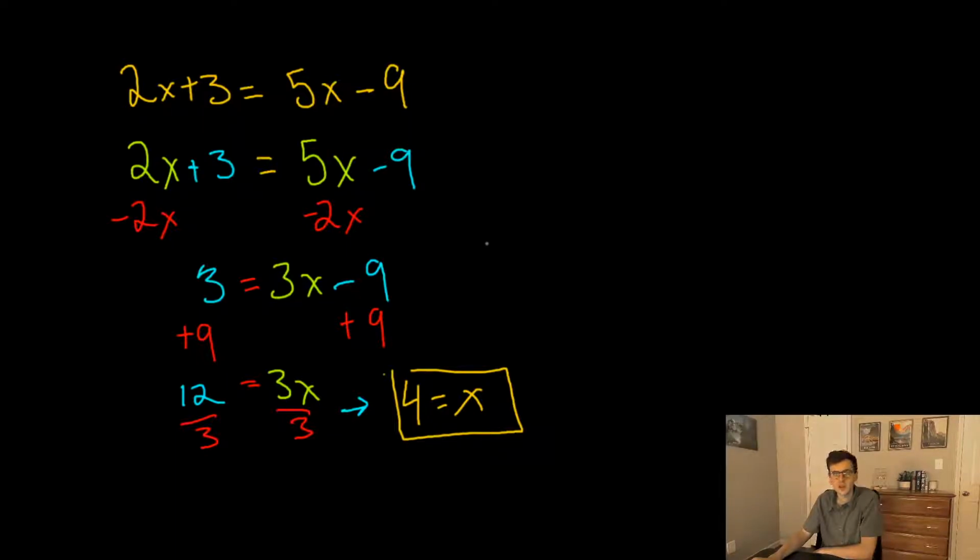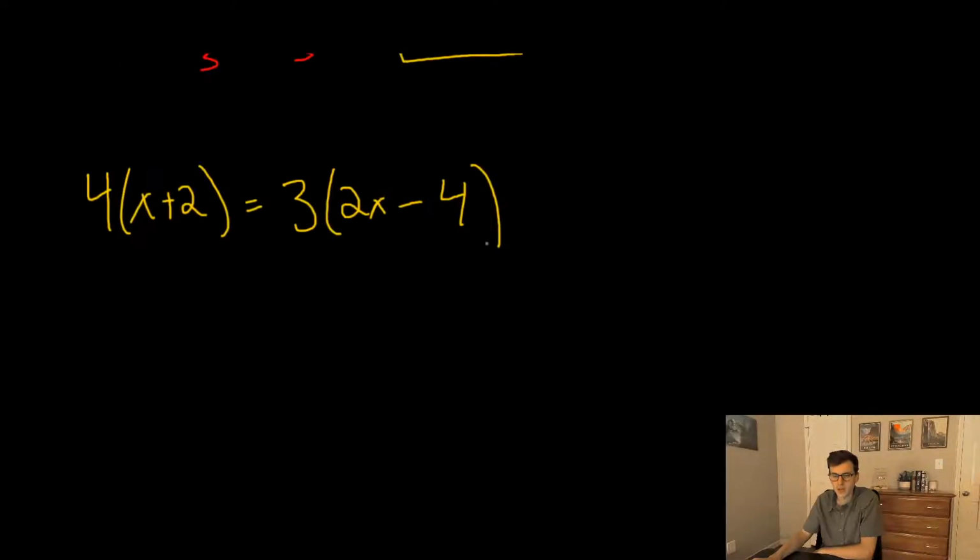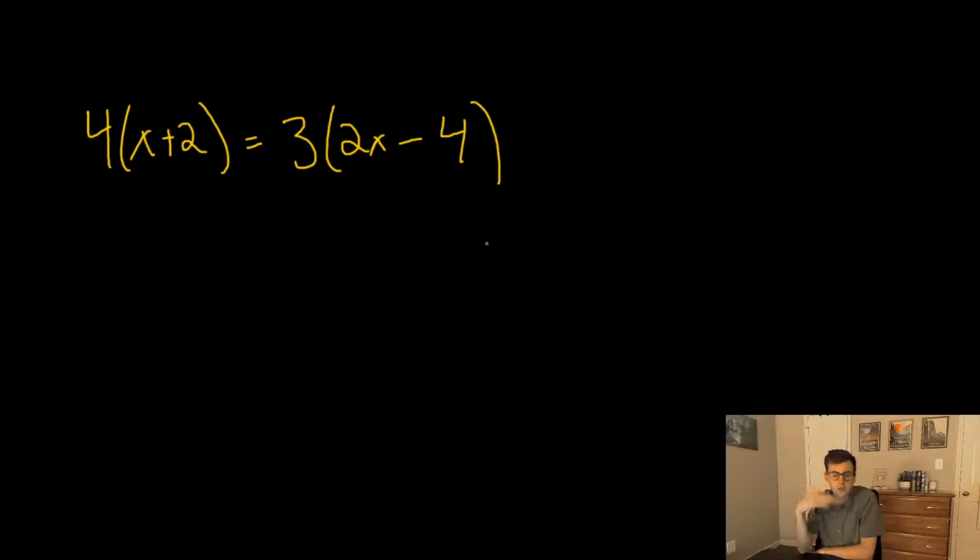Let's look at another example, maybe a little more complicated. This time I have 4 times (x plus 2) equals 3 times (2x minus 4). Dividing by 4 or by 3 on either side isn't really going to help. So I need to simplify both sides, just like in a multi-step equation, before I start moving things around.